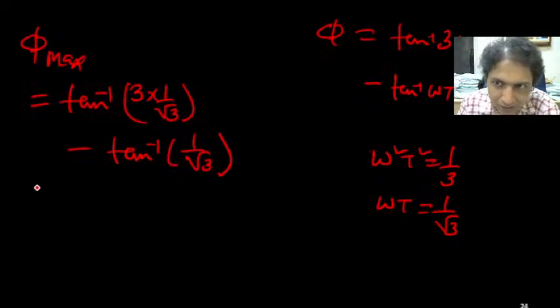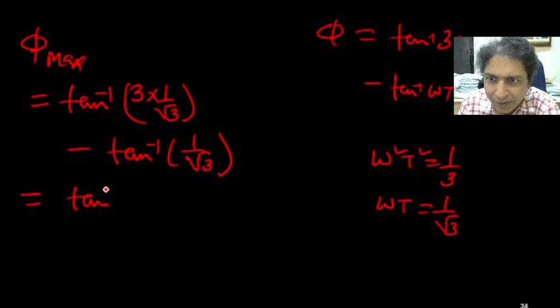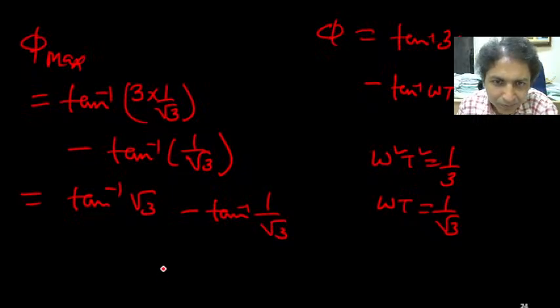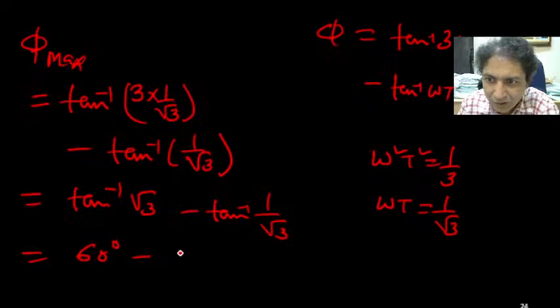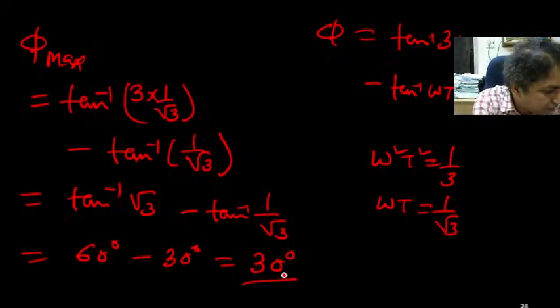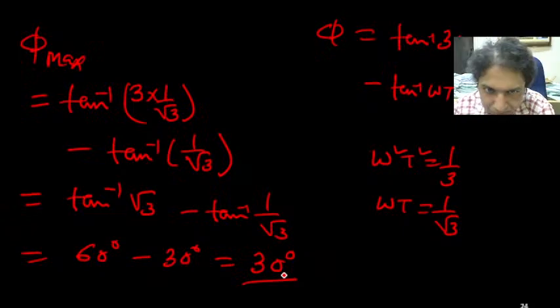That will give you tan inverse root 3 minus tan inverse 1 upon root 3. This angle is 60 degrees, this is 30 degrees, so it is 30 degrees. Is it clear?